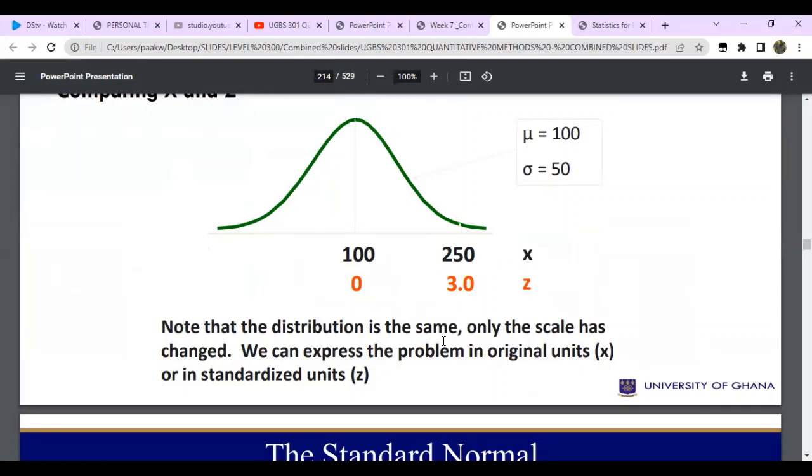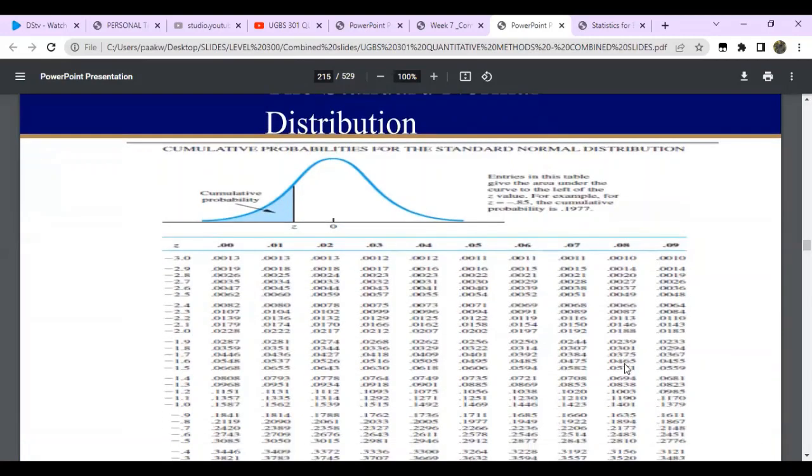So the z is standardized. The x is in its original units. As I said already, we can express the problem in original unit x or in standard unit z. You get it? Right, so let's move on to the table.